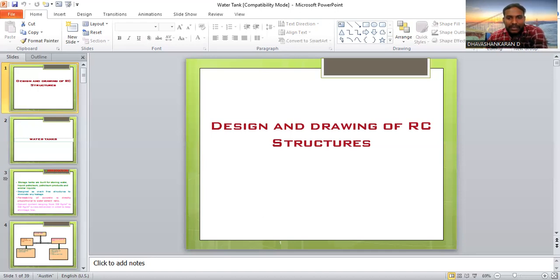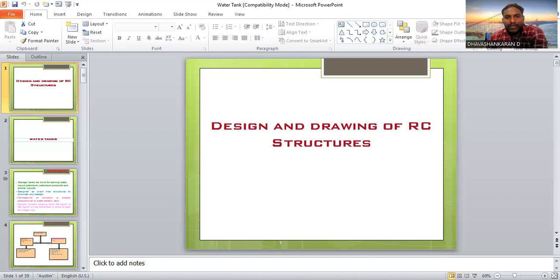As the base slab is resting on the ground, no bending stresses are induced, so steel distributed at the bottom and the top is provided. This has been explained in the previous slides itself.